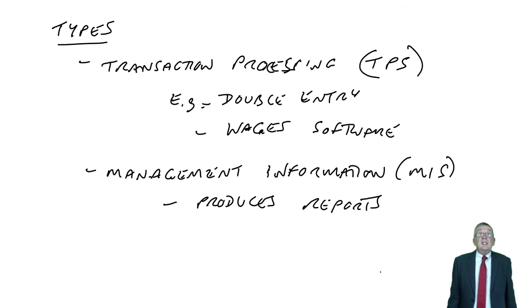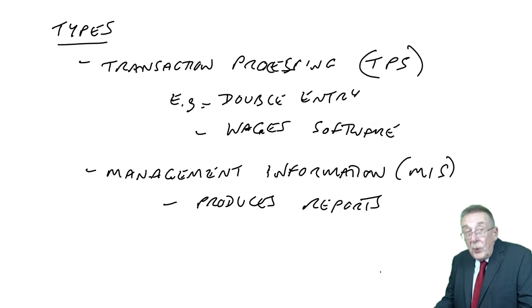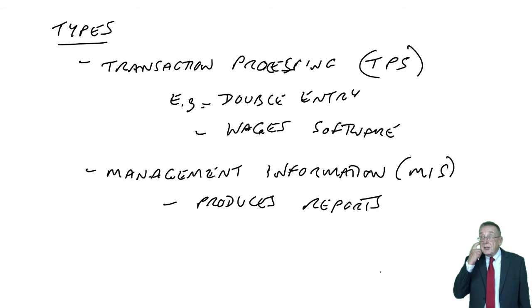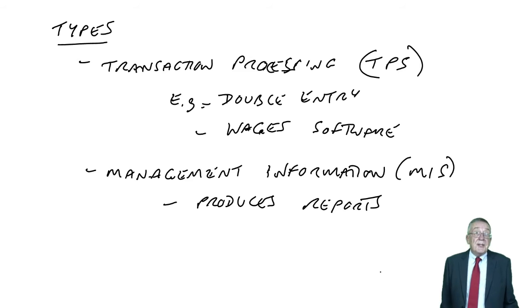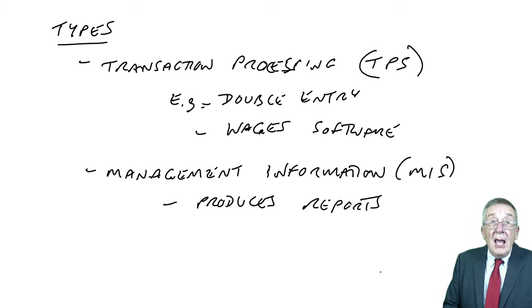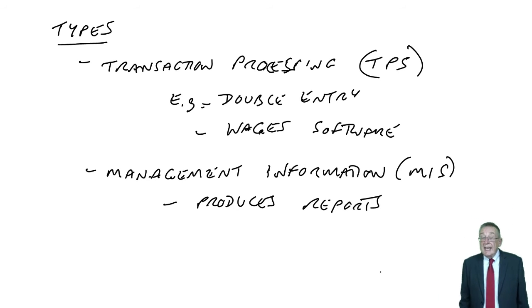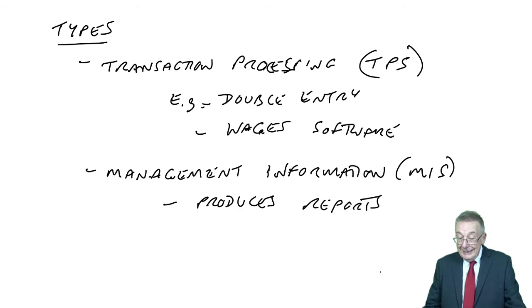So, for example, wages. Obviously, all the wages are recorded in the transaction processing, so they're all on the computers, but maybe we need reports every month as to what the total wages are in each department.